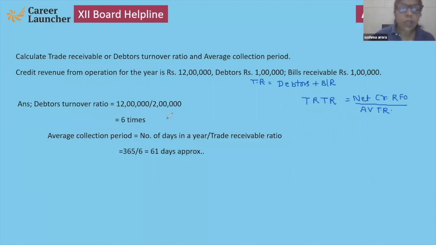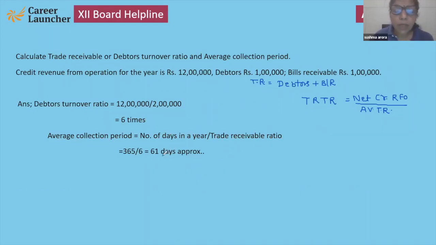Now here this is 12 lakh upon 2 lakh. See, in this question we cannot calculate average because only 1 year data is given. So this is 6 times. Now average collection period is number of days in a year upon trade receivable turnover ratio.